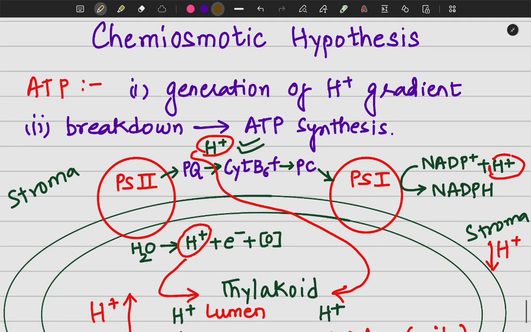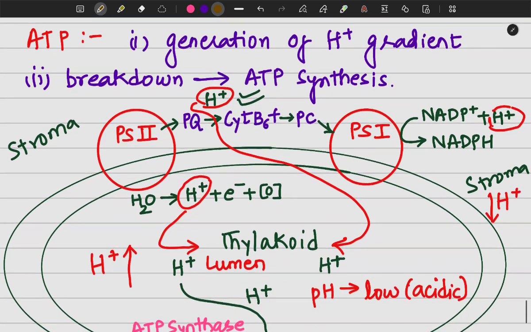According to the chemiosmotic hypothesis, the ATP production during the light reaction of photosynthesis is because of this theory, which basically explains how and why the ATP synthesis occurs during the light reaction of photosynthesis, and it is based on the fact that first of all there will be generation of a proton gradient, and then there will be a breakdown of that proton gradient that will cause the ATP synthesis to occur.